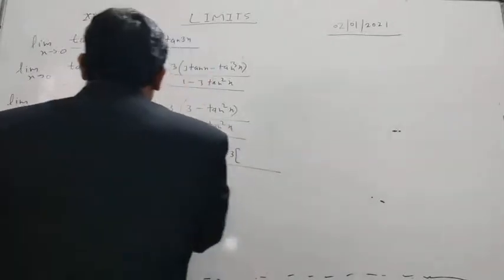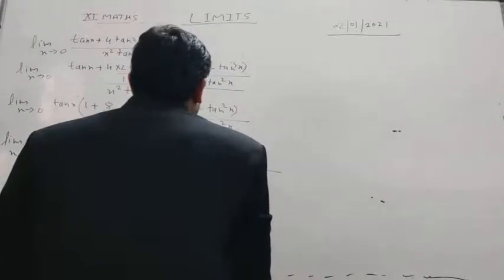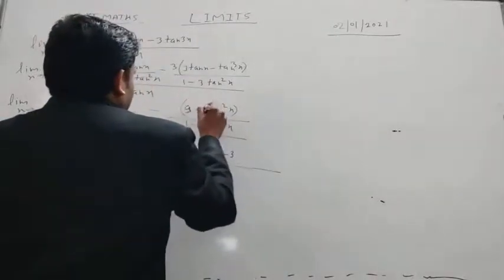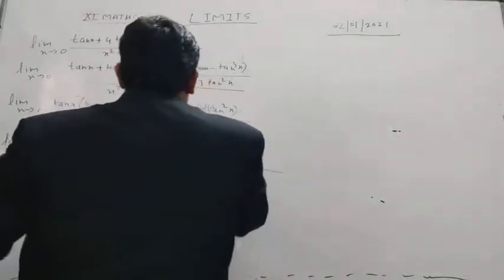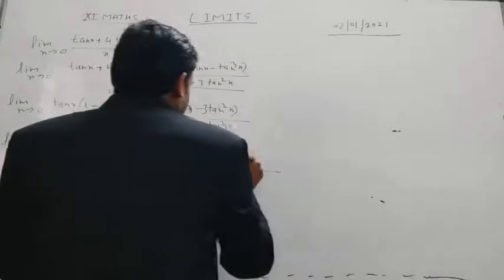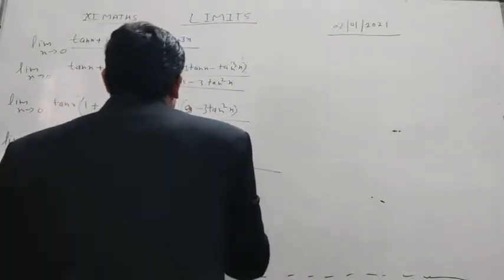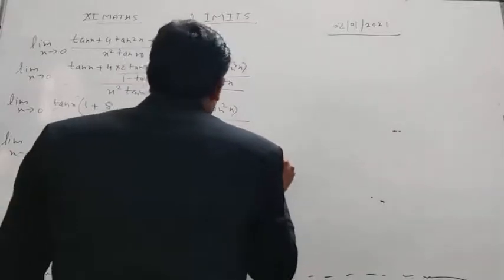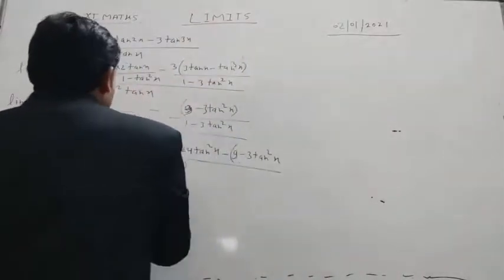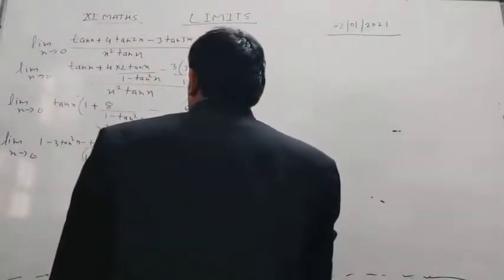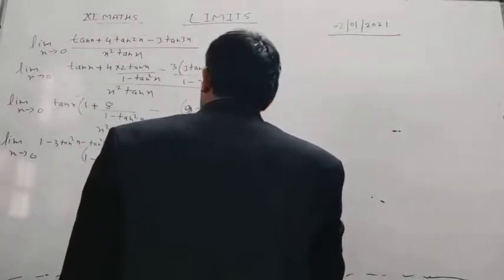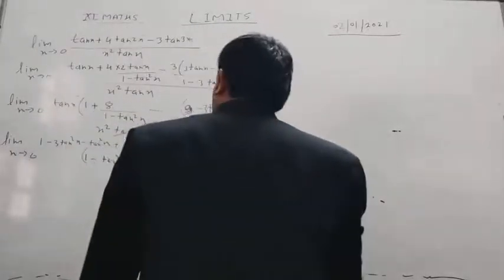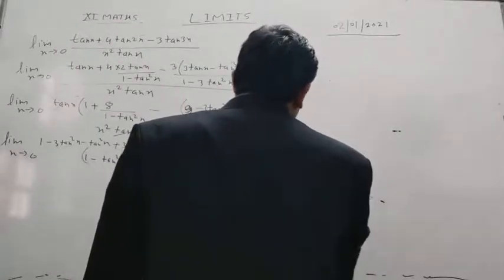So here is minus 3, and so we write 9 minus 3 tan square x. Multiplying with this term we get 9 minus 3 tan square x, and this is minus 9 tan square x, minus minus plus 3 tan to the power 4 x.